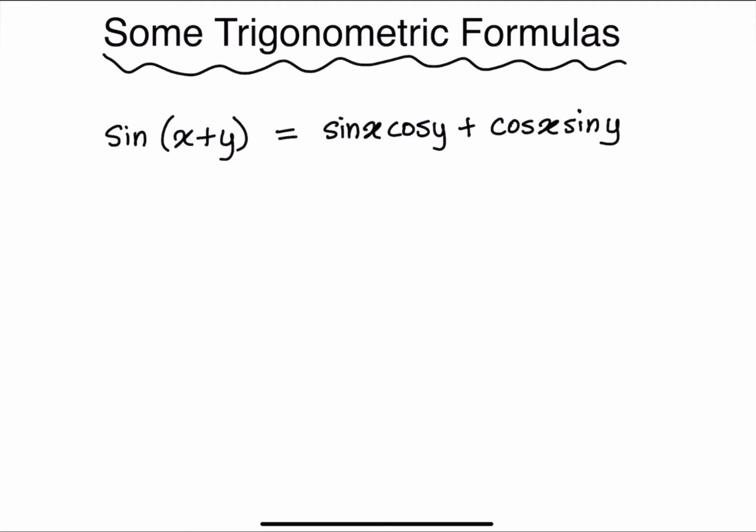Now, before we dig deeper, I'd like to point out how we have switched up the order of identities. So if you notice, over here we have sine x first and then cos y, but over here we have cos x first and then sine y.